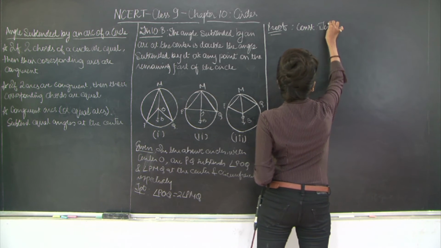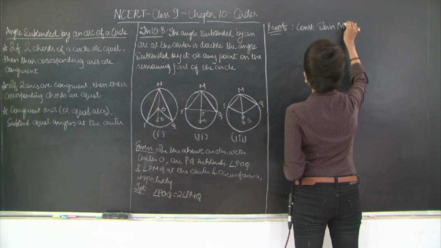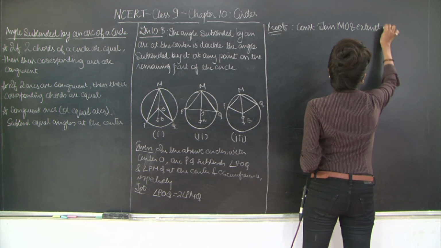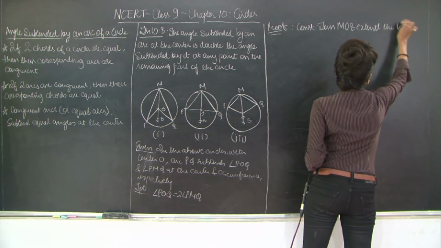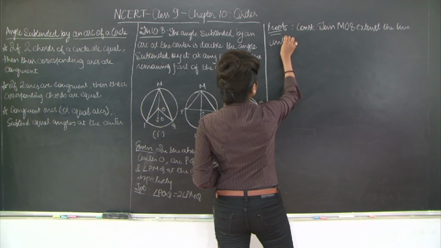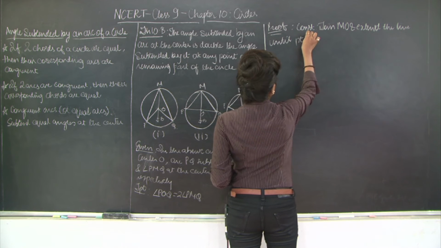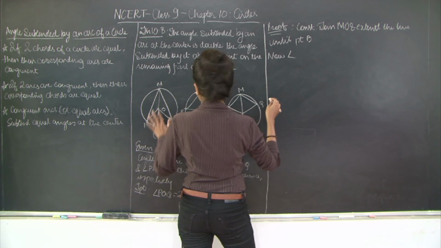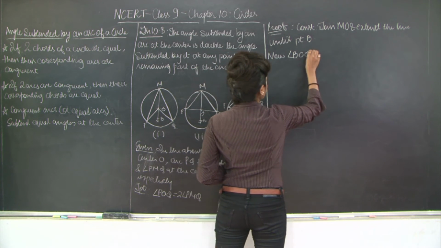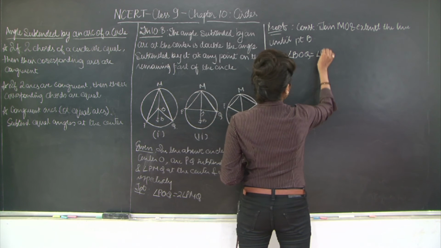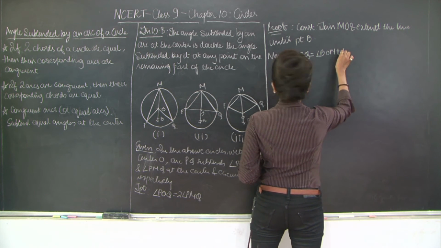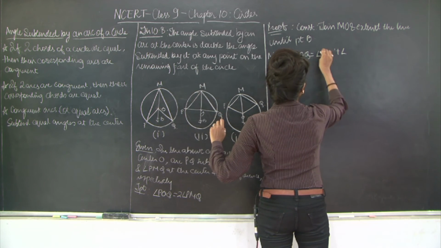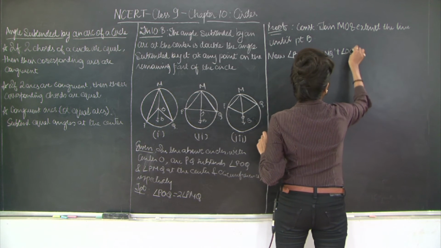Join MB, MO and extend the line until point B. Now in triangle BOQ, angle BOQ is equal to angle OMQ plus angle OQM.